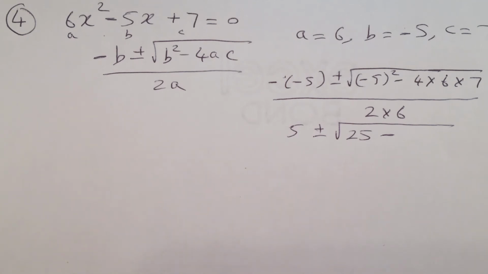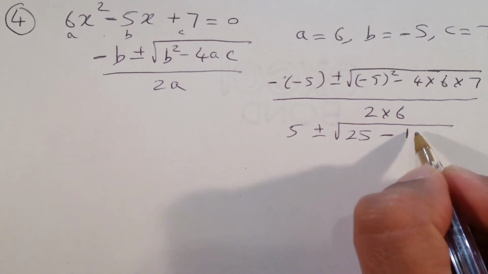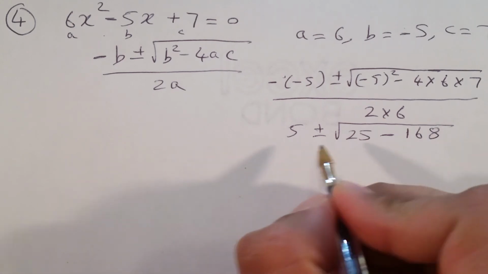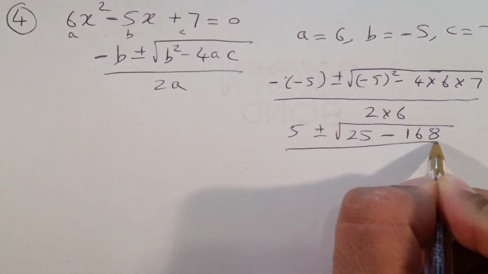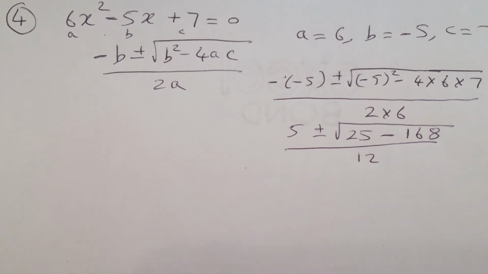When we multiply all three, we get 168, whole over 12. Now if you see here, there is 25 minus 168.